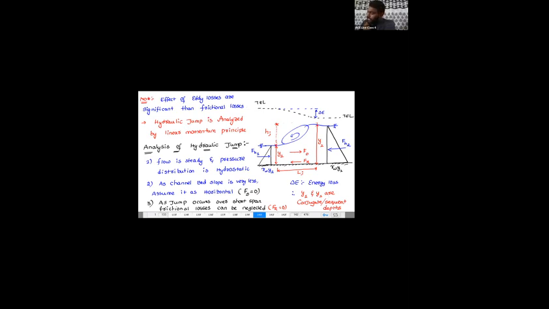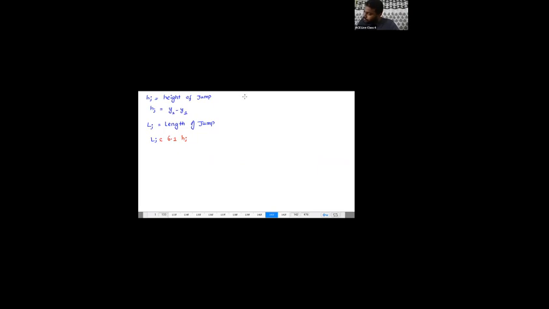Now, apply the linear momentum principle. When you apply the linear momentum principle, what happens? Well, see, this is the combination.